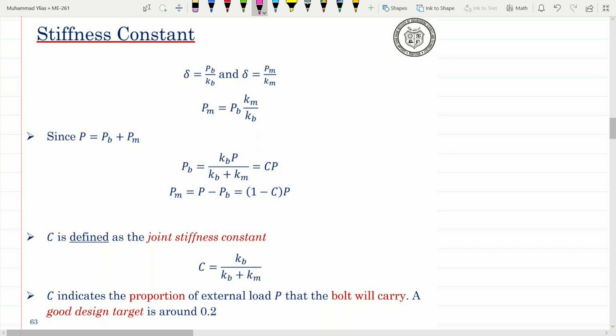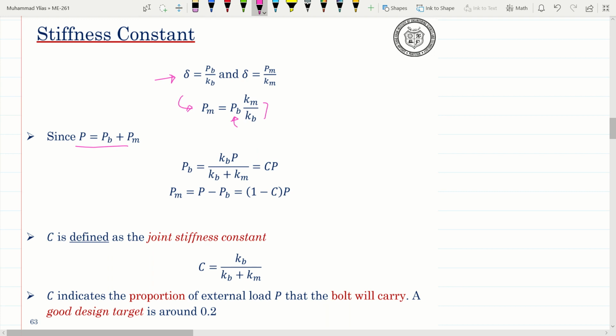Let's see the significance of stiffness constant. We start off by the extensions, and we've said that the same extension takes place in the bolt and the member. So equating these two extensions, we represent the load carried by the member in terms of the stiffnesses and the load carried by the bolt.